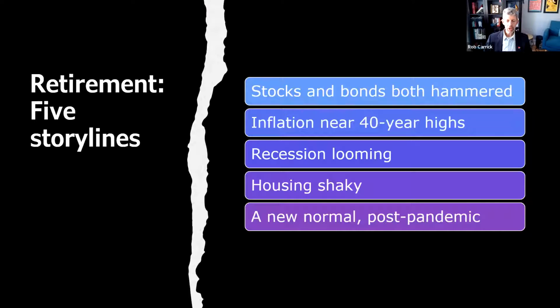All this feeds into what we still don't have a firm grip on in terms of what the new post-pandemic normal will look like. We're going to need to work through inflation. We're going to need to see interest rates normalize. We're going to need the world to calm down for a little while. And then we'll see what life is like.